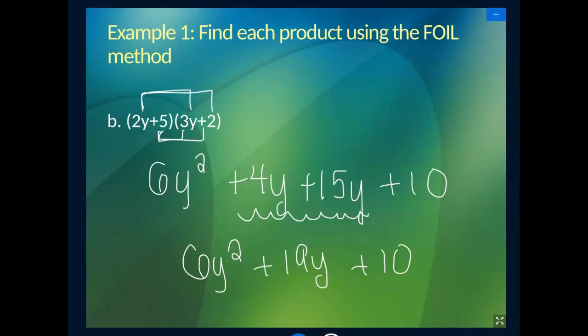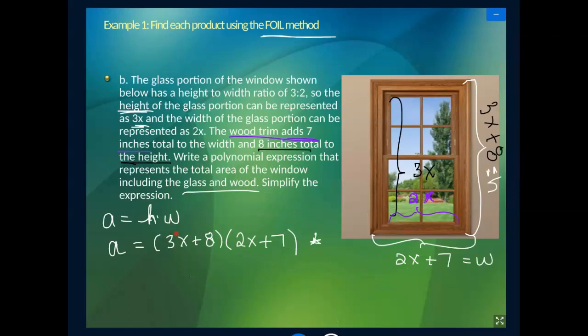So we're going to do first, outer, inner, last. Thank you. Making sure you're paying attention. So you get 6x squared plus 37x plus 56.